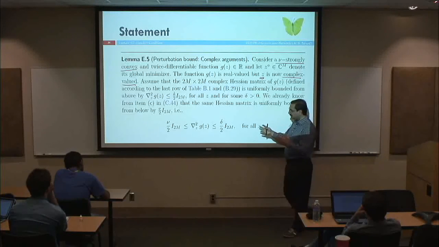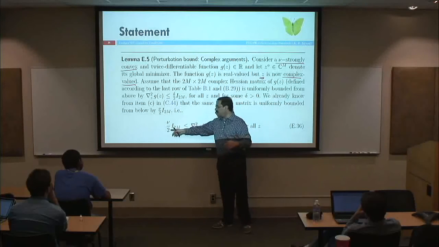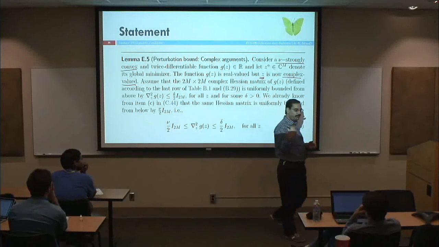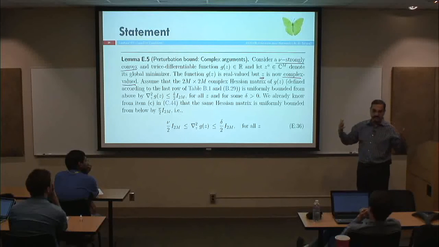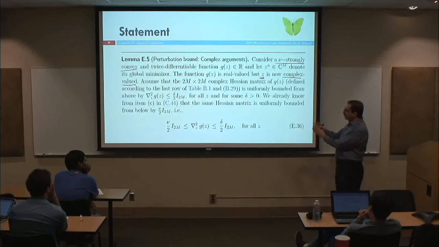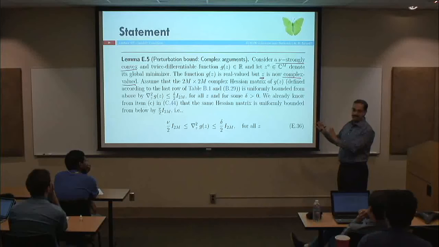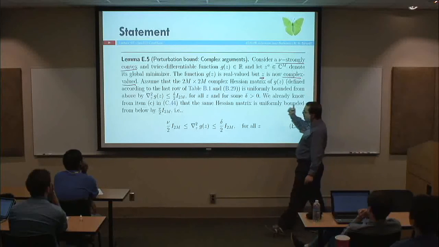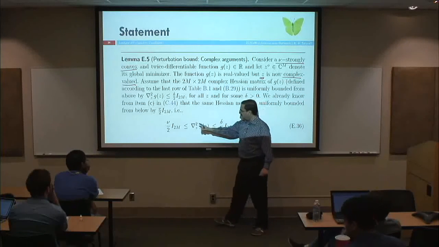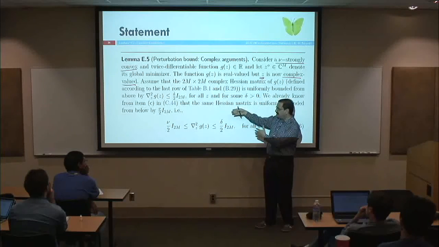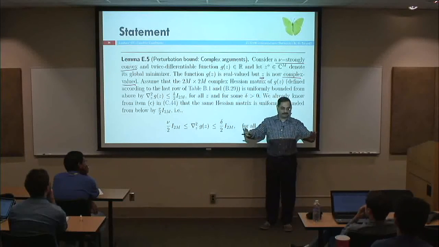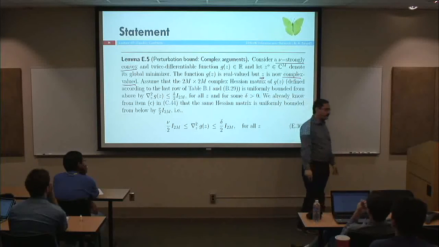So in the future, I will always write nu over h, and h will be 1 when your data is real, h will be 2 when your data is complex, so that you don't have to keep remembering this. But for now, because I'm doing things separately, if your function is strongly convex, it will be nu over 2. So let's assume that it's bounded from above by a similar factor delta over 2, just to be consistent, in the complex case.